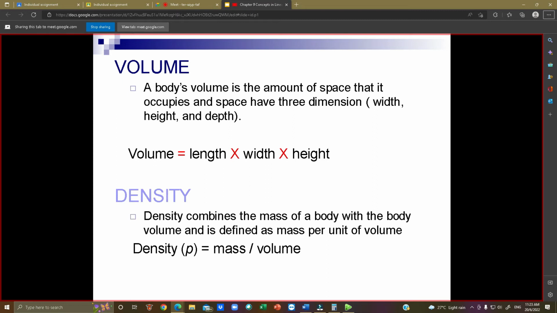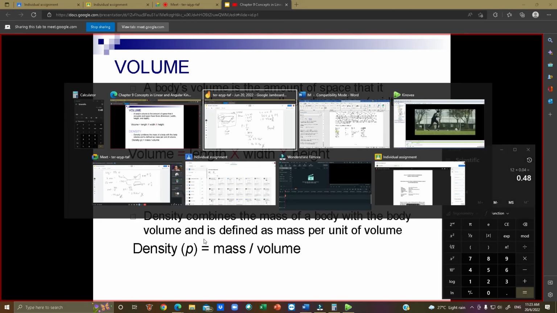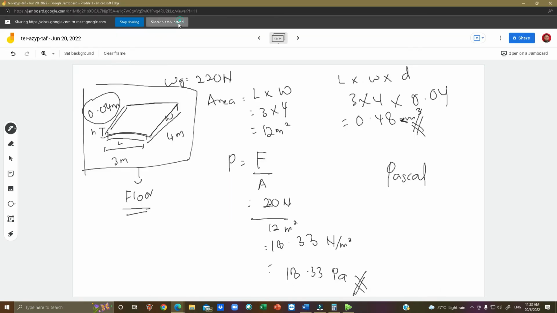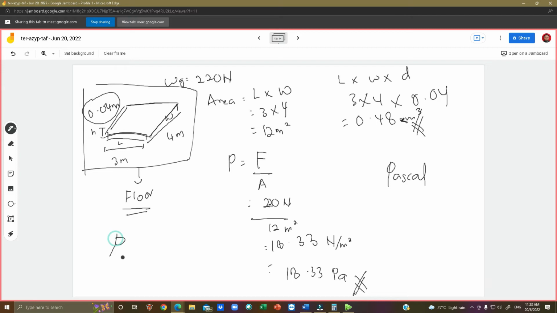Next one, we have density, ketumpatan. Ni P ni. P ni nama dia rho, R-H-O. Kadang-kadang kamu akan jumpa P yang lebih ekstrim daripada P itu. This is rho, ketumpatan.